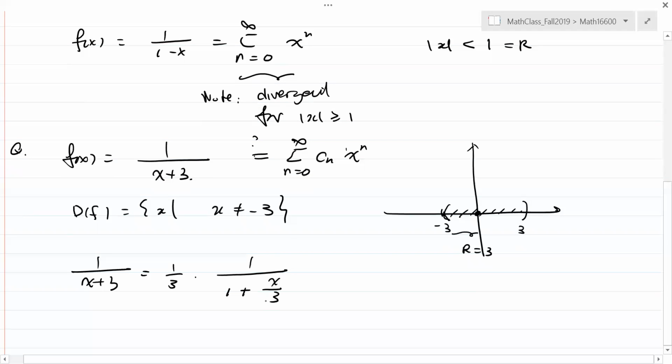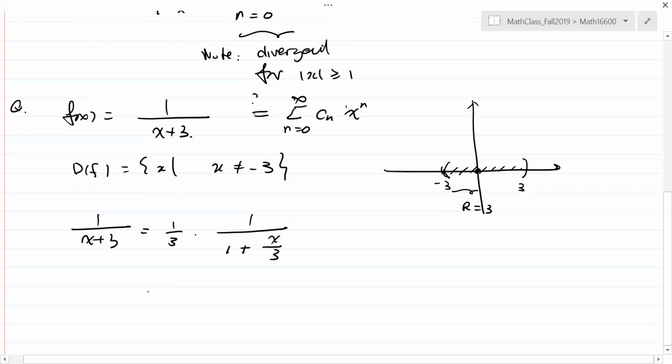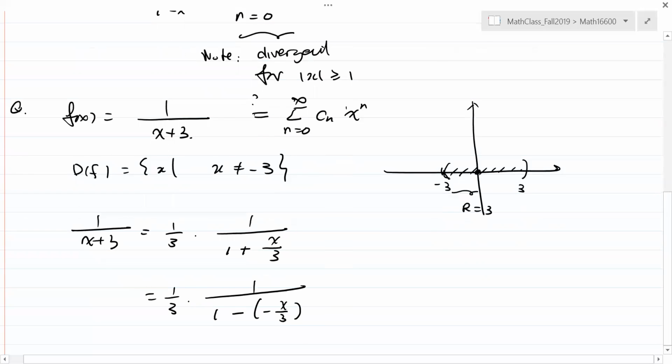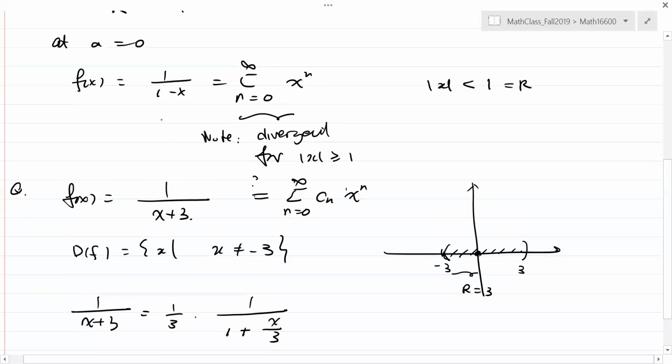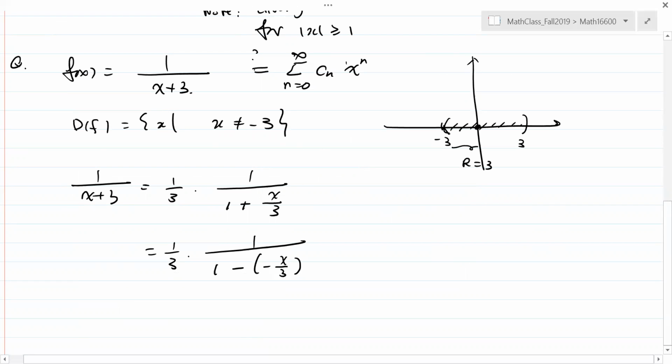It's very close to 1 over 1 minus x, but I still need to change it to 1 minus something. Then this completely looks like the above one. Using the above formula, it's going to be the sum of negative x over 3 to the power n, as long as negative x over 3 has absolute value less than 1.